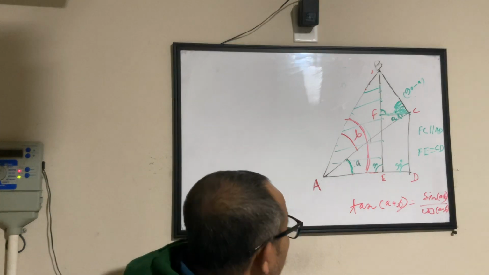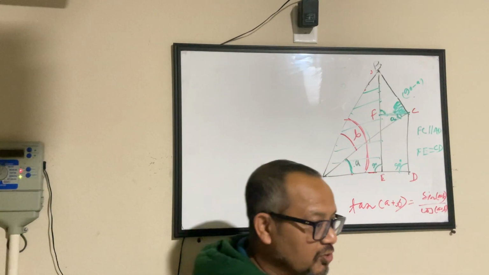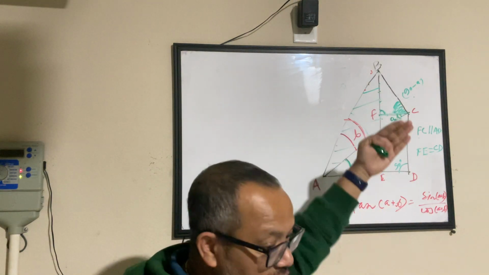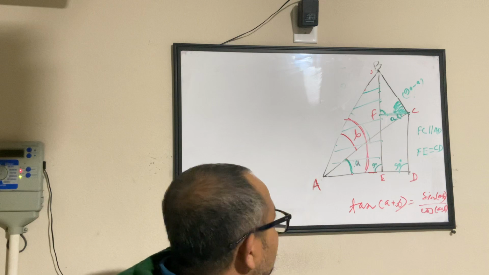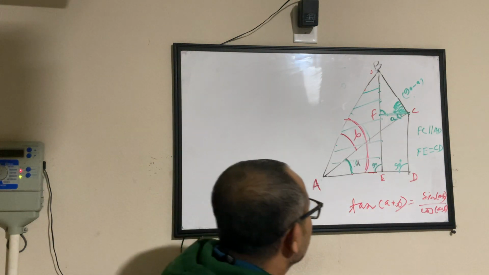Now again, when you look at cos of A plus B, if you were able to follow what I was doing just before, you'll be able to connect the dots and follow similar steps.